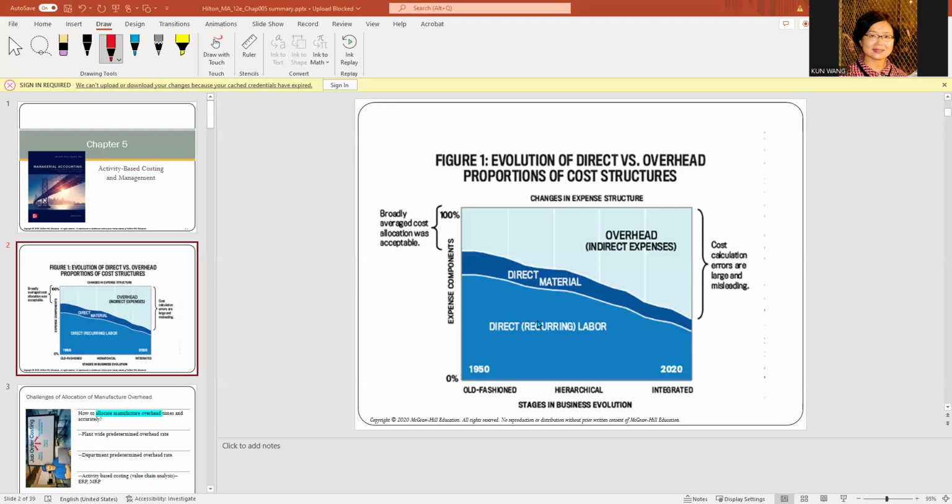cost shift, now you can clearly see how the company allocates, the approach they use to allocate the overhead, directly affects the accuracy and relevance of the cost reports, as we learned from chapter 3, the job order costing system.